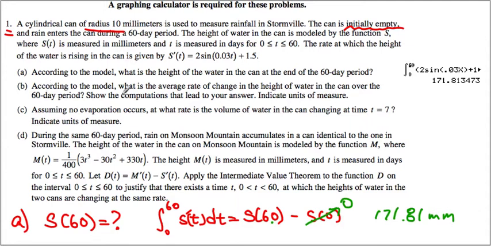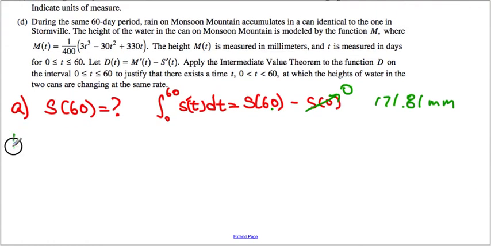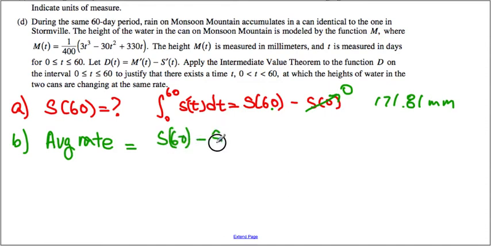B says, according to the model, what is the average rate of change? Since what we are given is the rate of change, what we have to do is this. In order for us to calculate average rate, we can look into this in 2 different ways. Average rate would be simply S of 60 minus S of 0 over 60 minus 0.